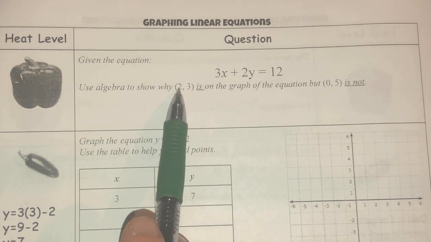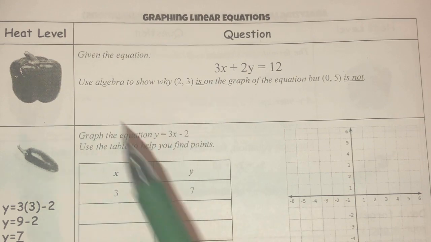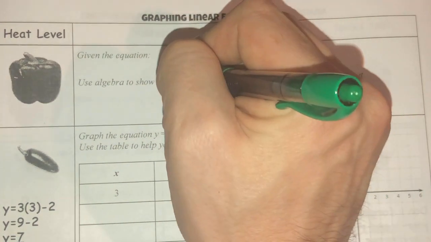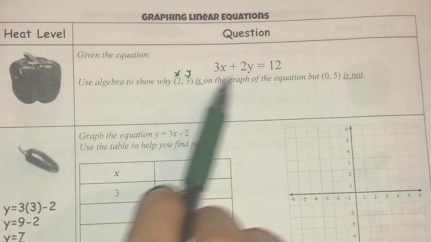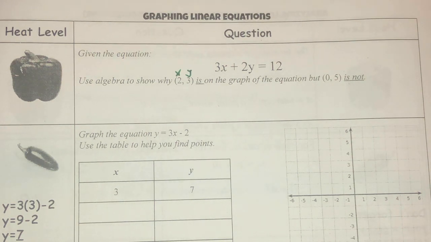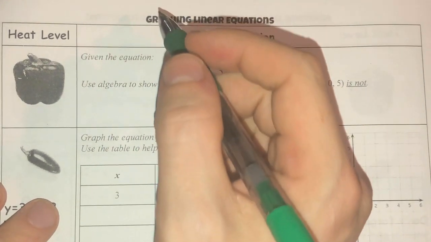In other words, if I plug in 2 where I see x, because this is the x coordinate, and I plug in 3 where I see y because it's the y coordinate, if both sides of the equation end up equal, it's on the line. It's on that graph. But otherwise, it's not, okay?